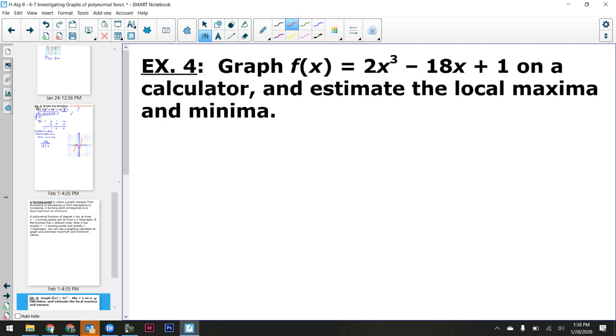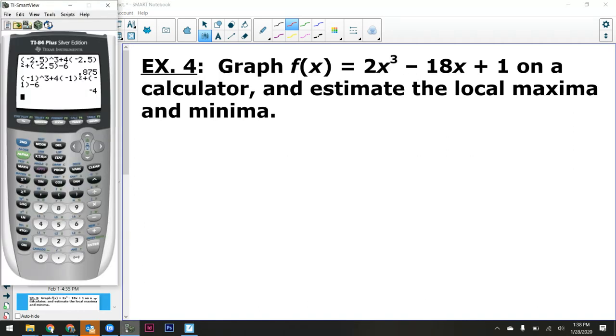Like, for example, this. Let me plug this in my calculator. 2x cubed minus 18x plus 1. I'm going to get it back to my standard 10 by 10 window. Do I see my high and low points on my graph right now? No. Bummer. I've got to change my window so that I see my high and low points.